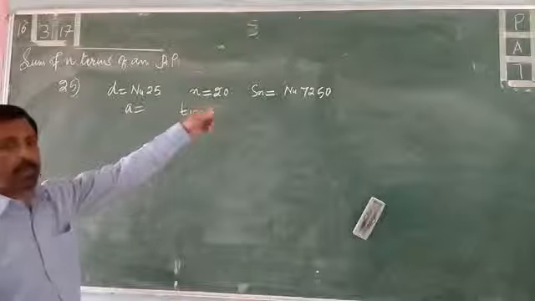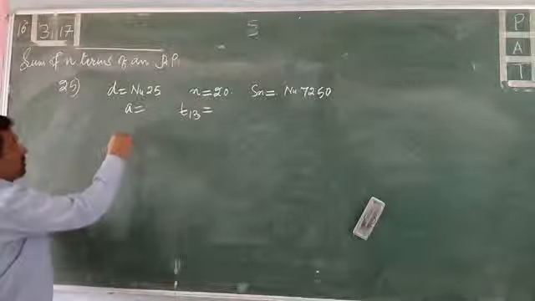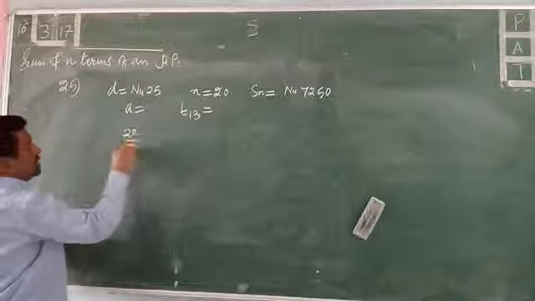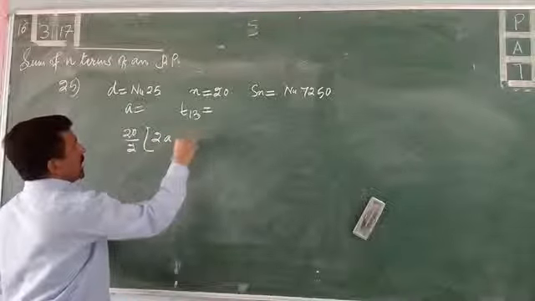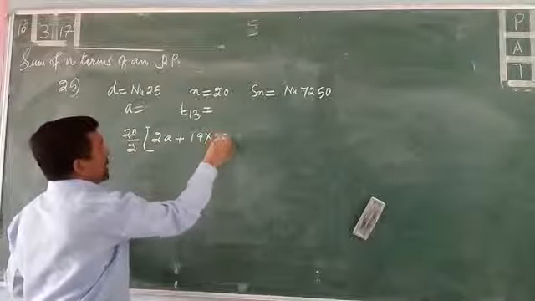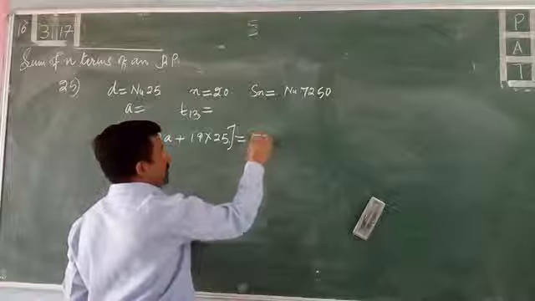We'll use the sum formula and calculate the value of A, same as before. N divided by 2, that means 20 divided by 2 into 2A plus 19D, 19 times 25, is equal to the sum of all the certificates, 7,250.